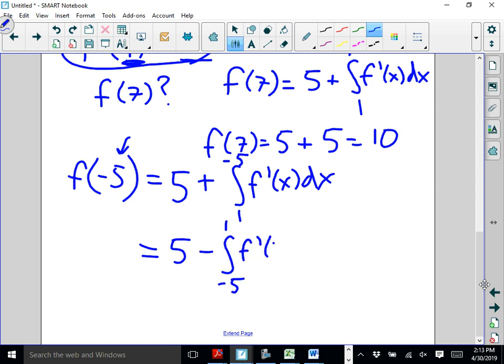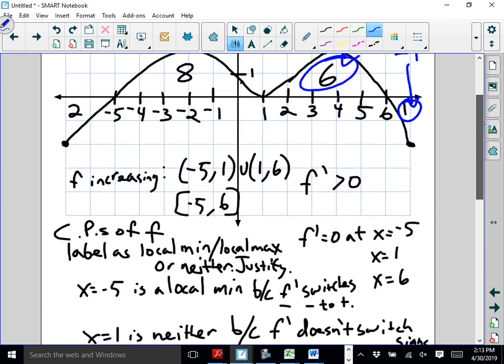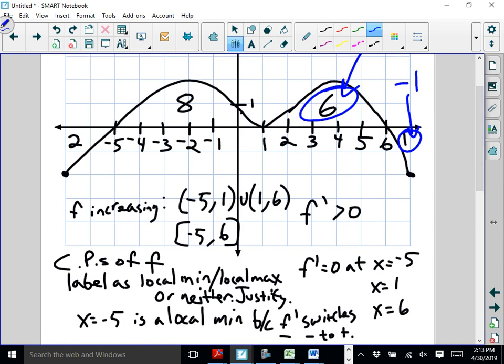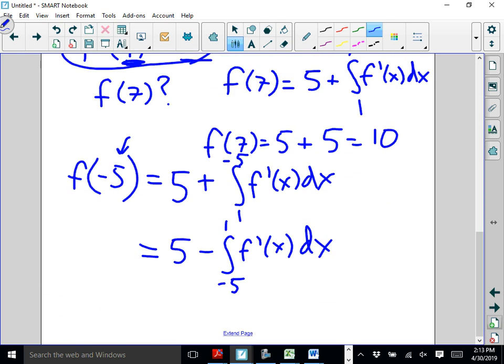Now I simply need to do 5 minus whatever the integral from -5 to 1 is. Well, the integral from -5 to 1, that is the number 8. So my answer is 5 minus 8, which equals -3.